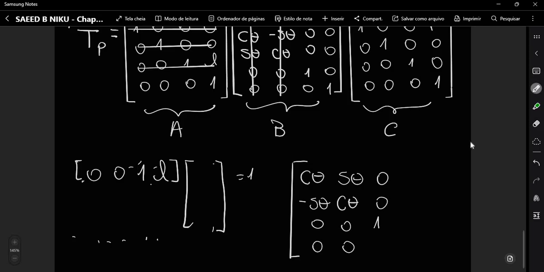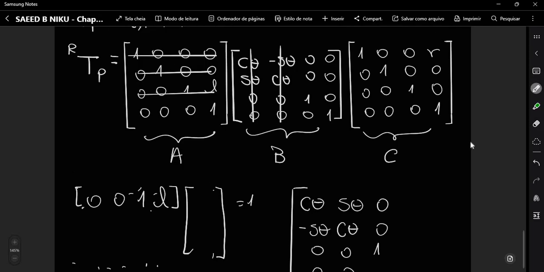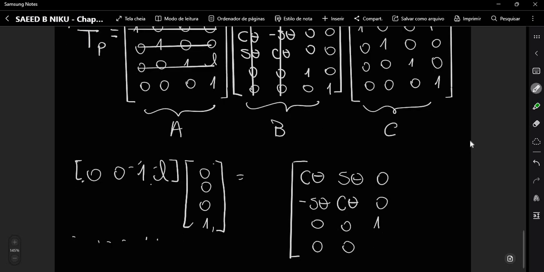Now this other column, 0, 0, 0, 1. So it is 0 times 0 plus 0 times 0 plus 1 times 0 plus L times 1.